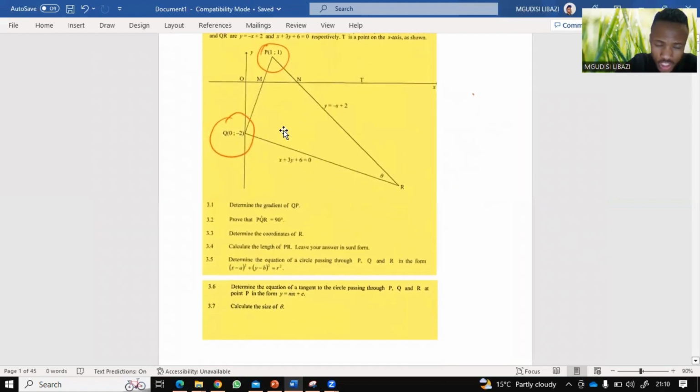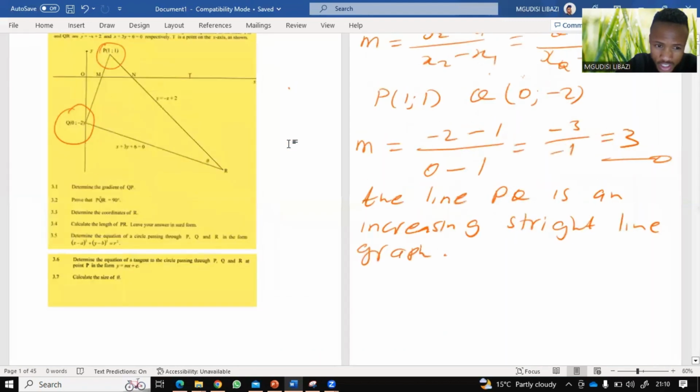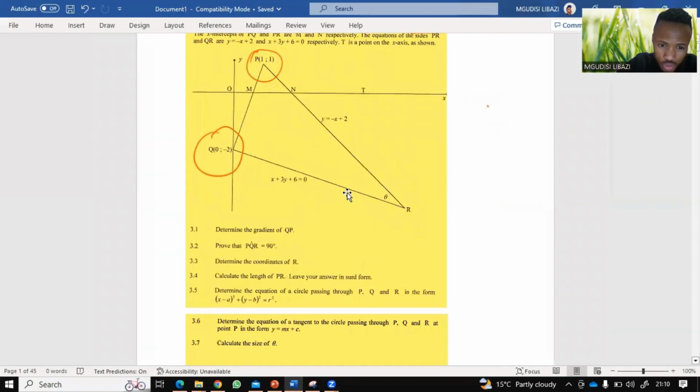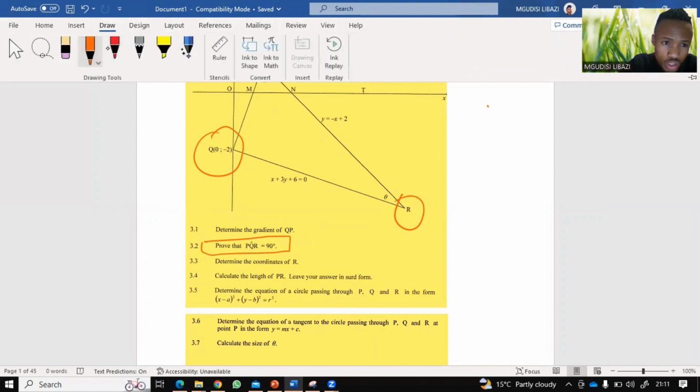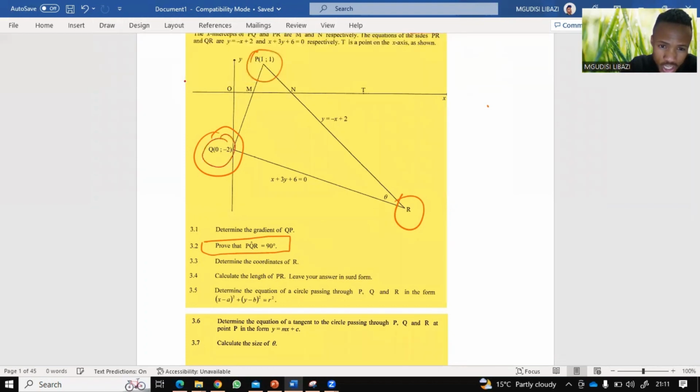The next question says prove that angle PQR is equal to 90 degrees. The angle PQR refers to the point, or the letter, in the middle there. I'm going to mark it in red. It represents this point here. We need to prove that this angle is actually equal to 90 degrees.